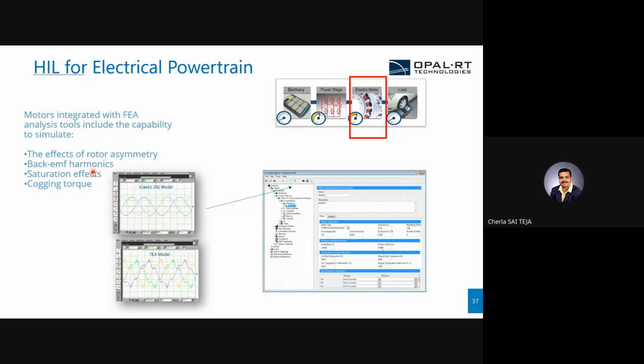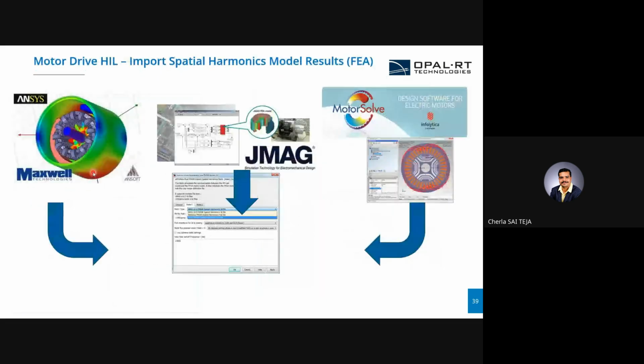So if you want to bring in motor data from these FEA analysis tools, we can happily bring in those lookup tables. If you take ANSYS Maxwell, MotorSolve, or JMAG software, there you can include all these asymmetries, and finally these tools will provide outputs in the form of either lookup tables or JSON files of this motor. Our solver has the capability of taking in that asymmetric motor data and directly running it on the FPGA solver.